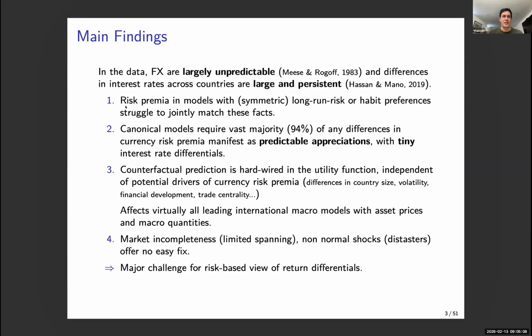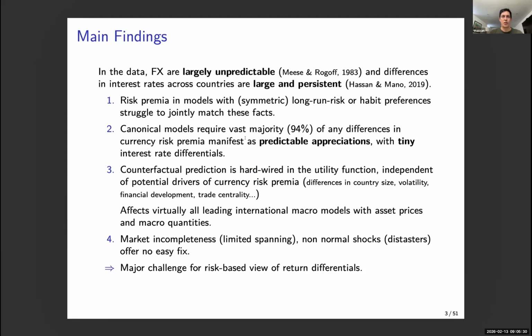Our first main finding is that risk premia in models with symmetric long-run risk and habit preferences struggle to jointly match these facts. Any model that starts with an Epstein-Zin utility function in the long-run risk spirit, or with habit preferences, is going to struggle reconciling these two facts.